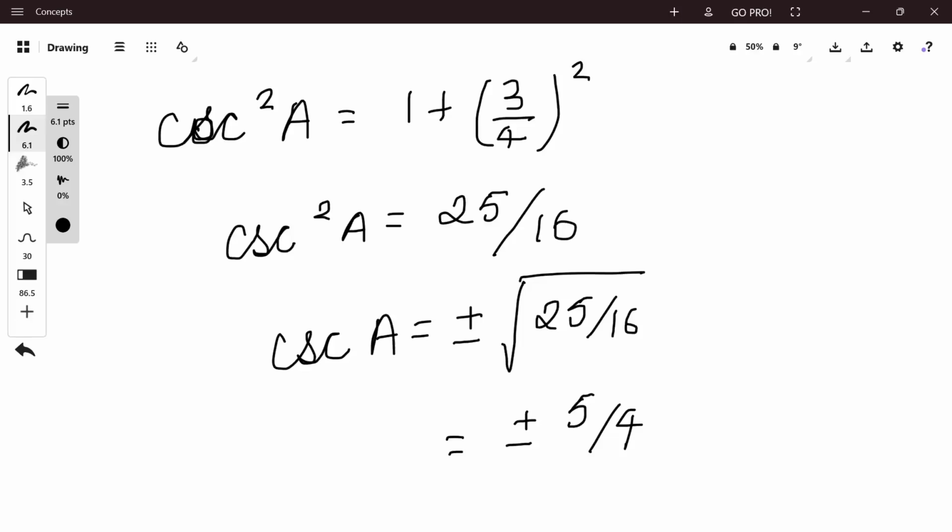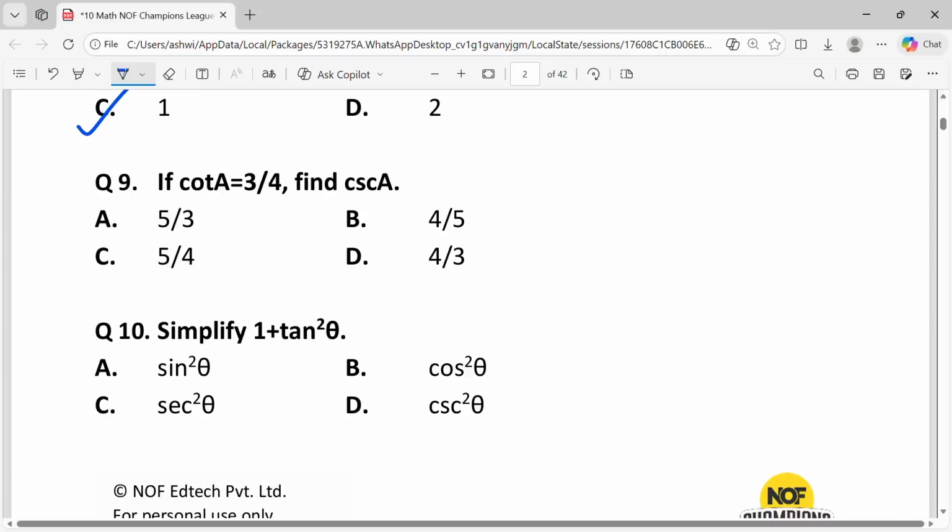Assuming A is an acute angle, common in such problems, cosec A is positive. From the given options, the answer is C, 5 by 4.